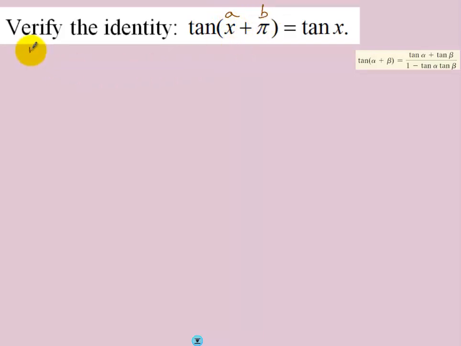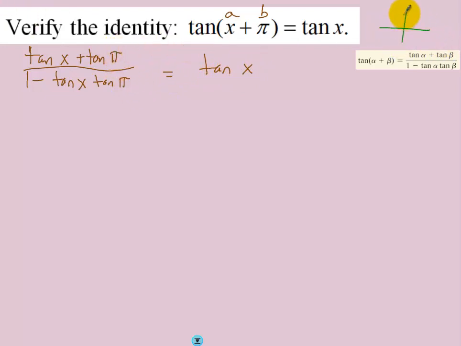So it's going to break up into tangent of a plus b, so it's going to be tangent of x plus tangent of pi over 1 minus tangent of x tangent of pi equals tangent of x. All right, so what's tangent of pi? Well, we go back to our unit circle. I always like drawing this because I get confused. So pi happens halfway through there, and tangent is going to be sine over cosine. Your sine is your y value.